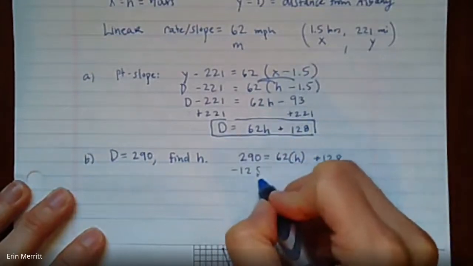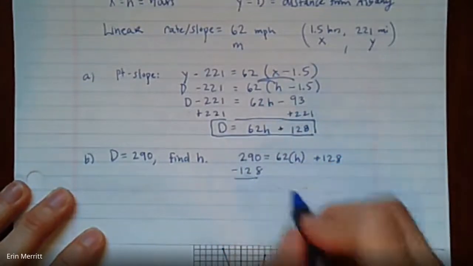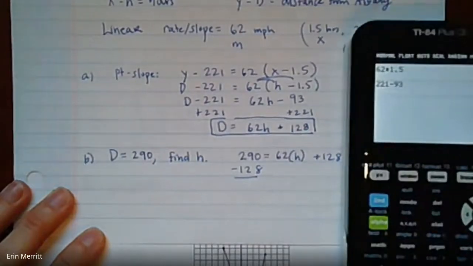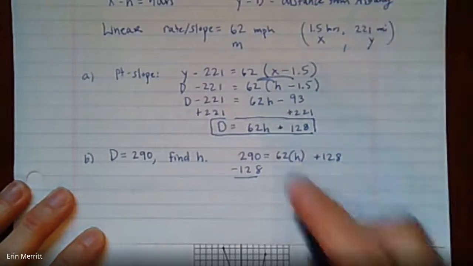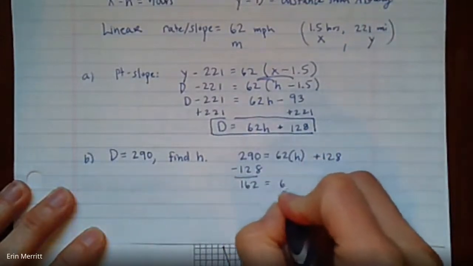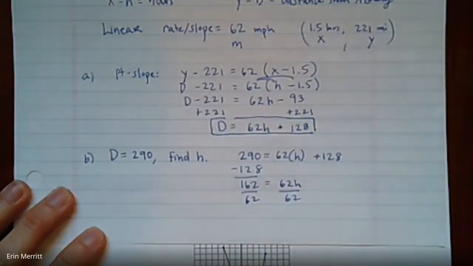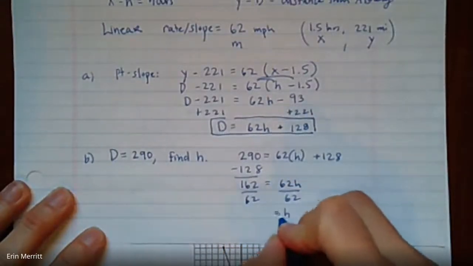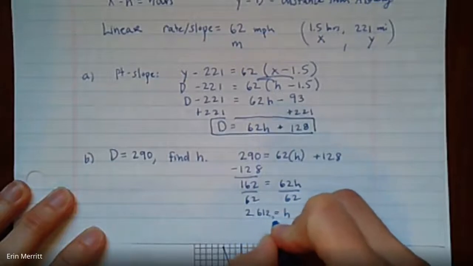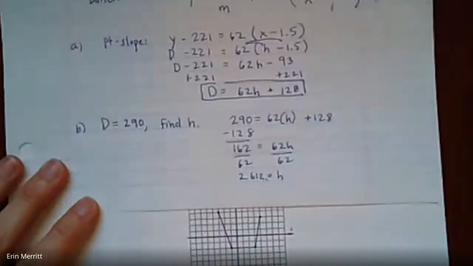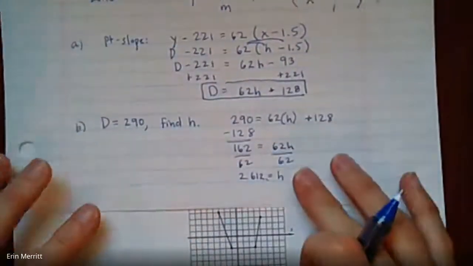So subtract 128. And so that's going to give us something, 290 minus 128, 162 equals 62H. And then divide by 62. And I get H is like 2.612, and it keeps going. All right. Go back to the directions. Round your answer to the nearest tenth.